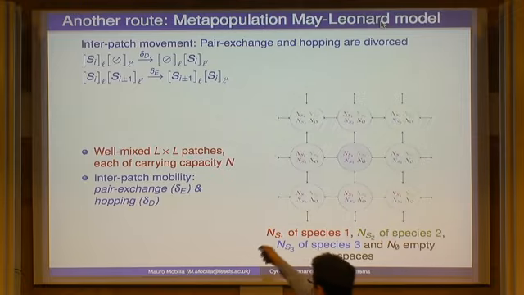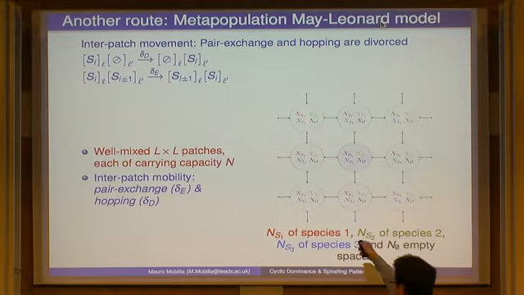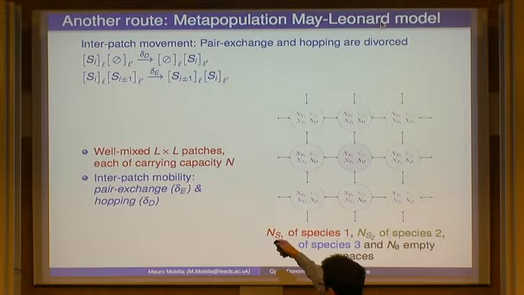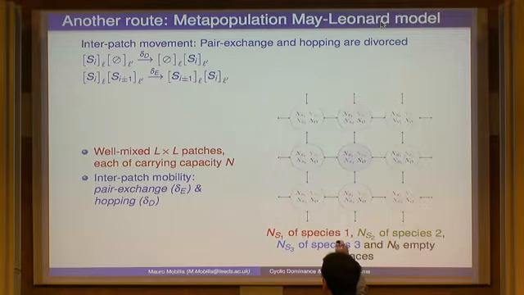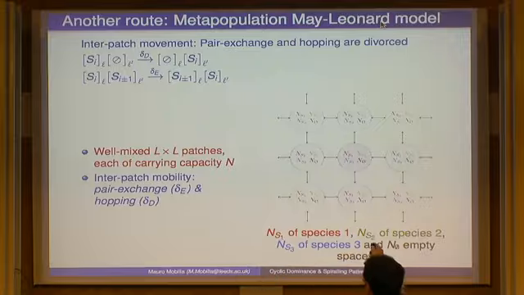We say that here, with some rate delta D, one individual of species 1, 2, or 3 can swap its position with an empty site.